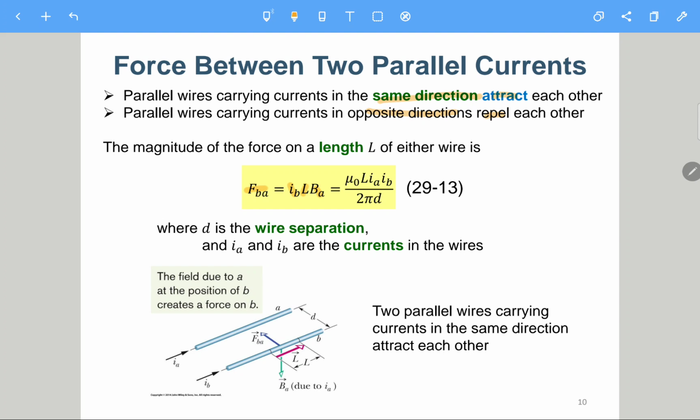BA is the B generated by wire A, because in the previous chapter we only assumed there will be a magnetic field there, but in this chapter we already know that as long as we have a long straight wire, it will generate the B field, which means that as long as we place a wire A and it has IA going from this side to that side, then it will generate the B field at this point pointing downward. You can use the right hand rule to verify this.